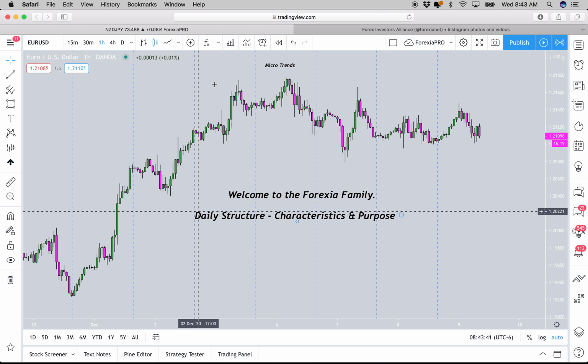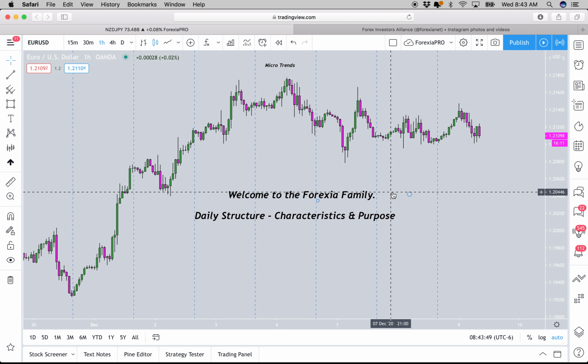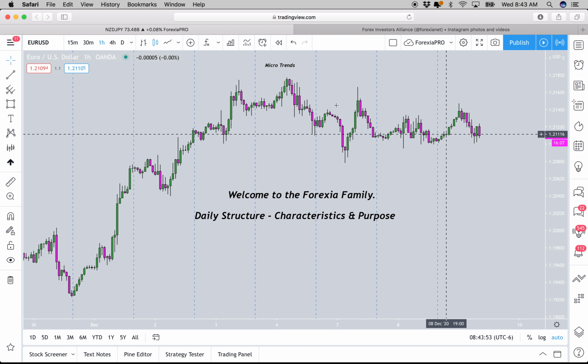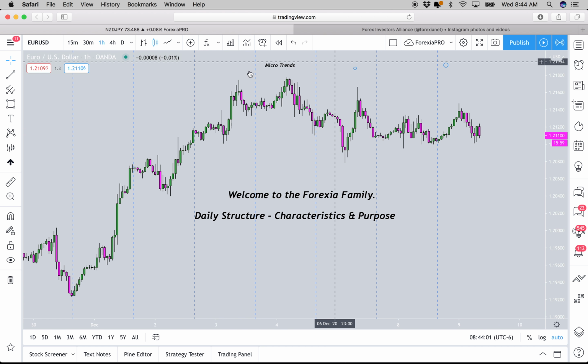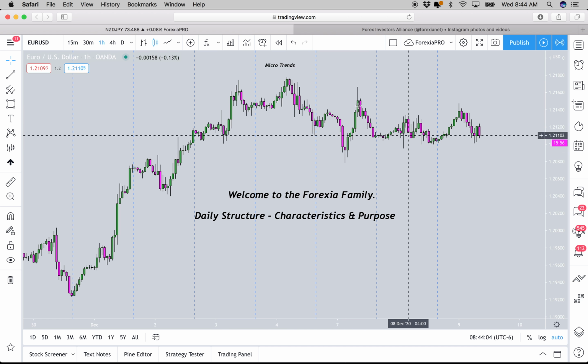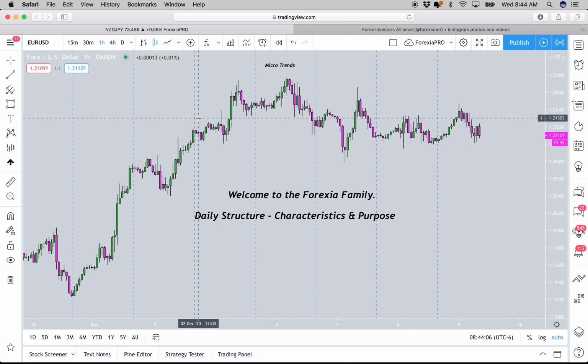We're going to be focusing on the smaller time frames today, such as the 4 hour, the 1 hour, the 15 minute, the 30 minute, so that we can see the daily structure a little bit more clearly. This applies to micro and macro. So we're going to be looking at these daily structures on micro, on the daily. However, this applies as well to macro.